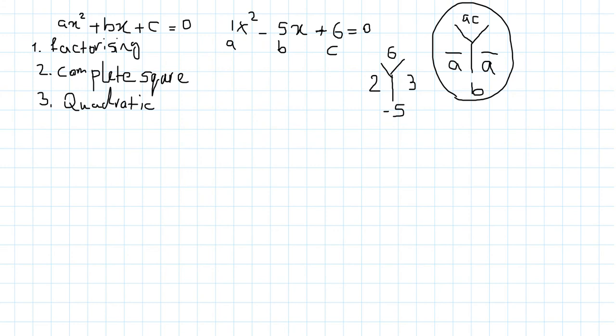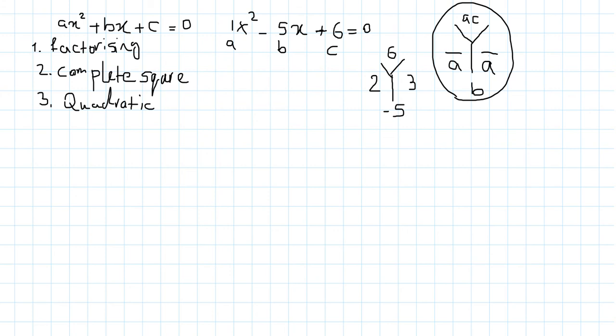If I choose 1 and 6, 1 times 6 is 6, but the sum should be minus 5, so it should be minus 6. The answer should be 1 and minus 6. Or here, 2 and 3.